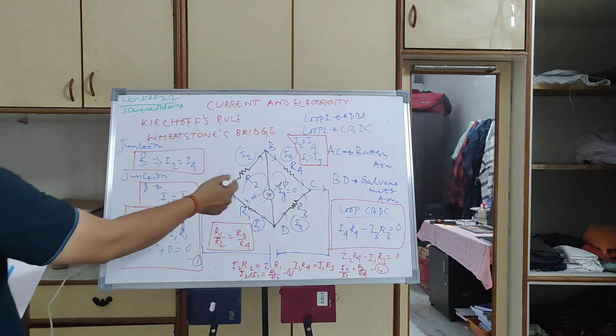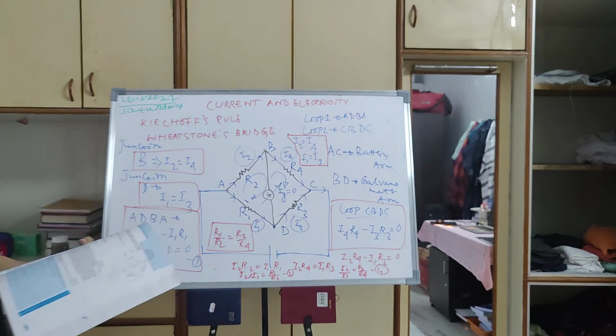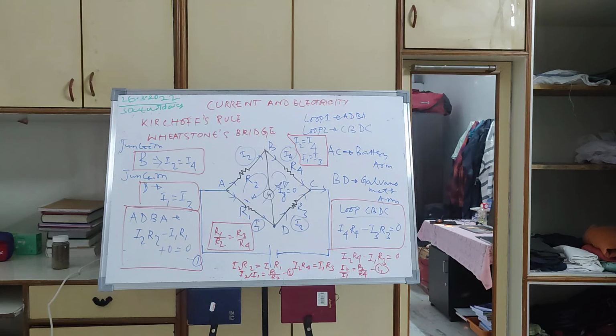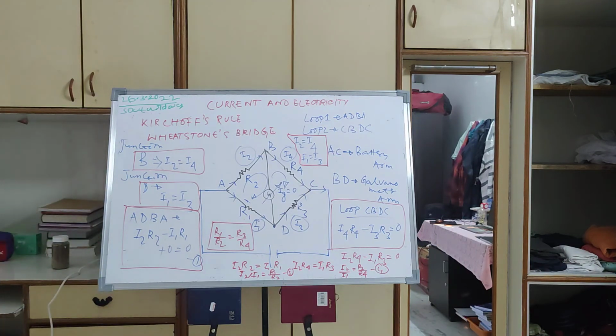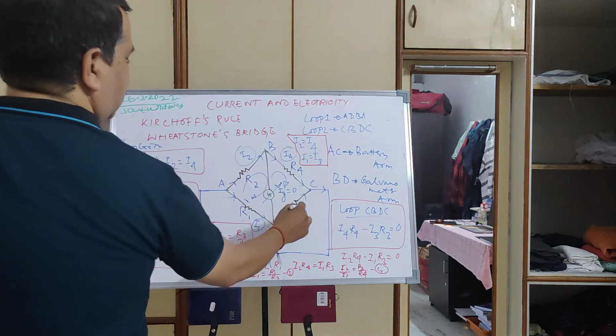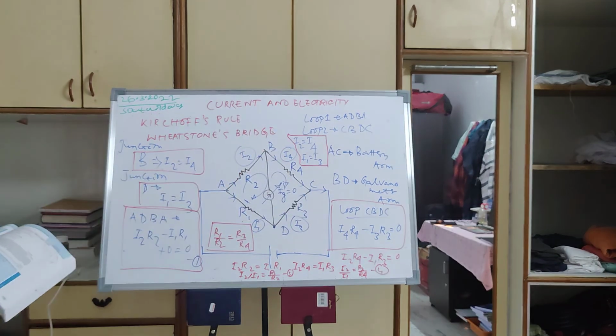If it does, some current will start flowing there and it will become an unbalanced bridge. So the Wheatstone bridge is a balanced bridge through which no current flows through the galvanometer, and R1 by R2 is equal to R3 by R4. Remember it like that.